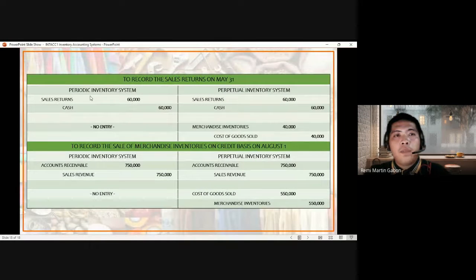ayan, under periodic system and perpetual system, we debit sales returns. Okay, sales returns, then credit cash for the selling price of the merchandise returned.